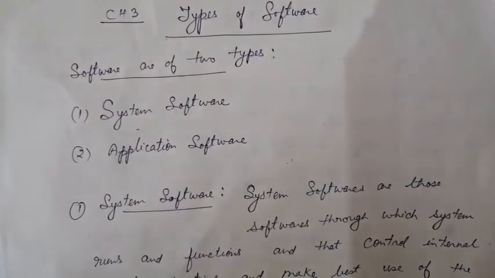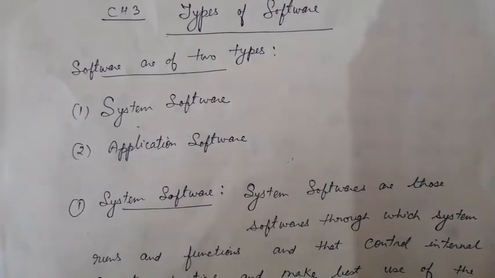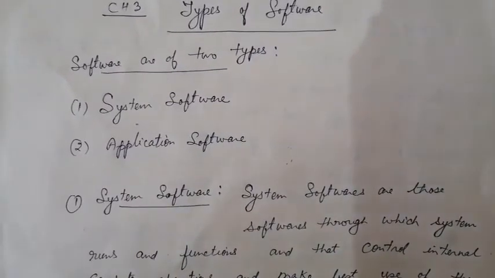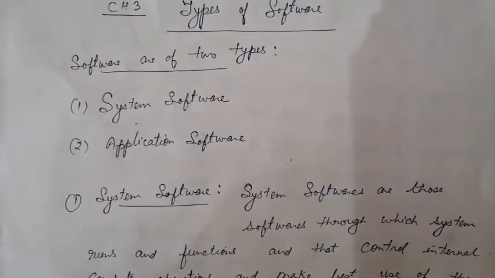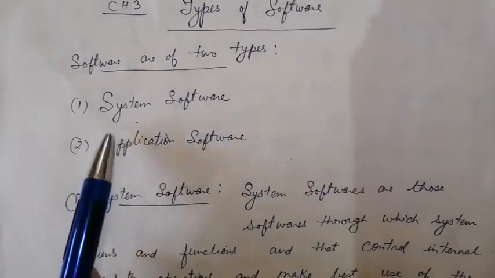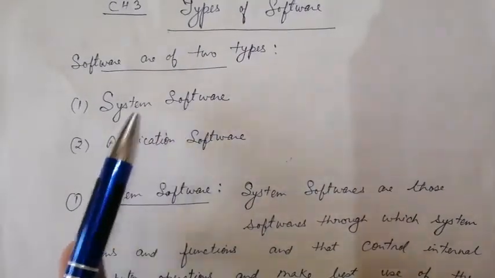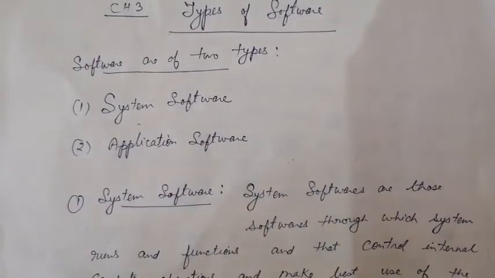Whenever you are studying, reading or learning anything, I suggest that you go through the meaning of the term, whatever is written. Here it is written system software and application software.